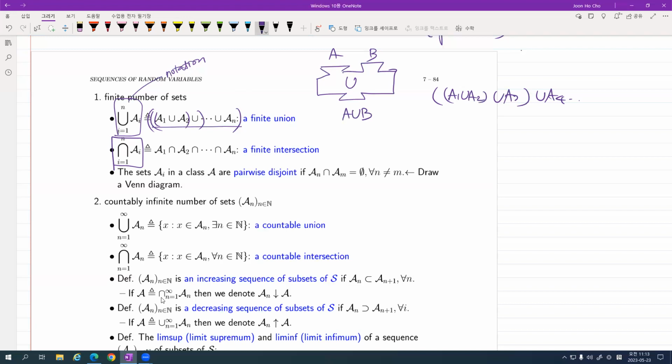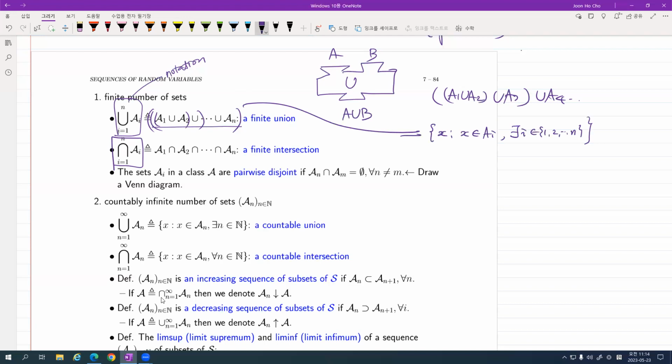Because we can rewrite this one as a set of, for example, x, such that x is a member of A_i for some i in 1, 2, dot, dot, dot, n. Okay.